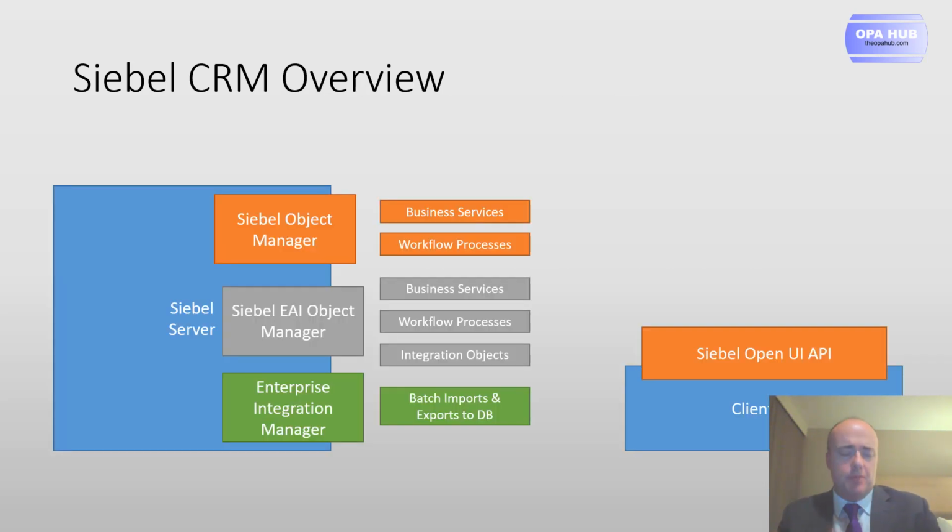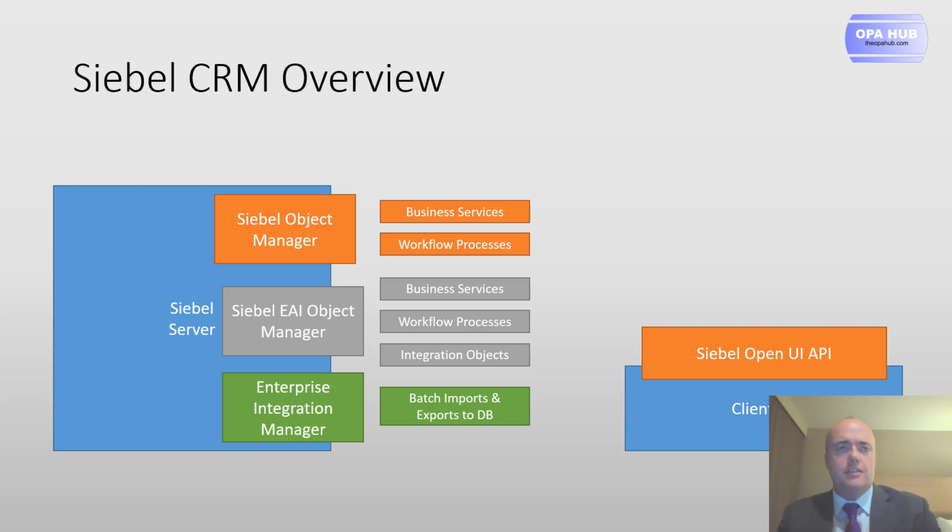This diagram is probably very familiar to a lot of you. The three layers, the green, the gray, the orange there on the left, representing three common ways to integrate with Siebel. I've split it off into two parts, although I probably could have kept it in one picture. I think what you should think of is this: the green layer is interaction with the database. So EIM, for example.